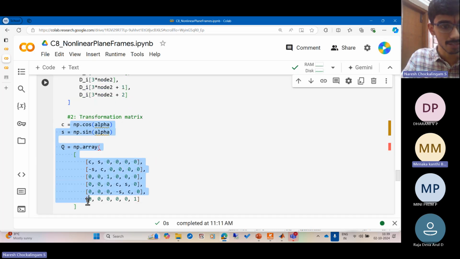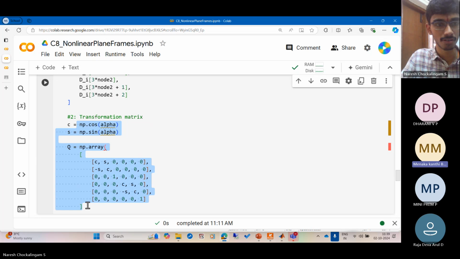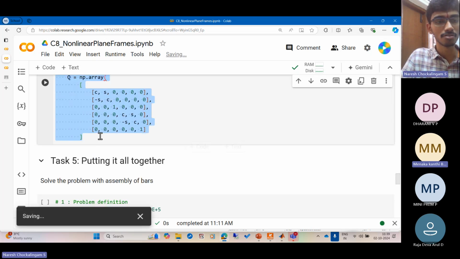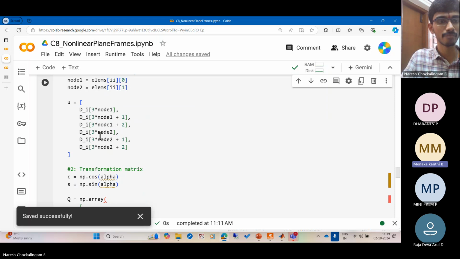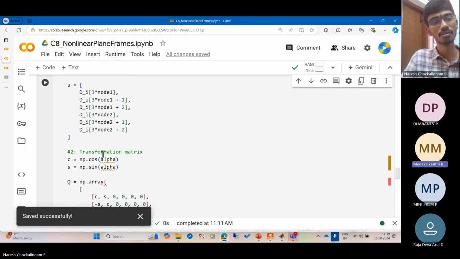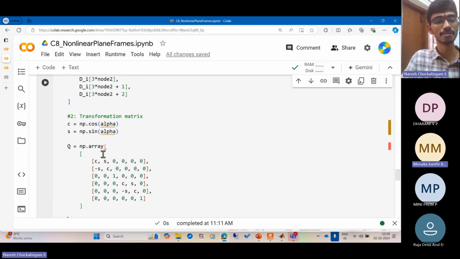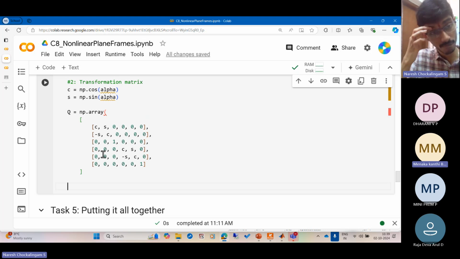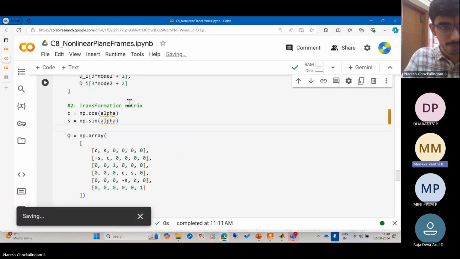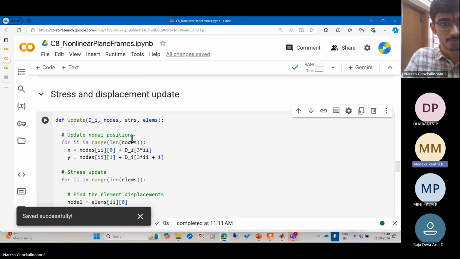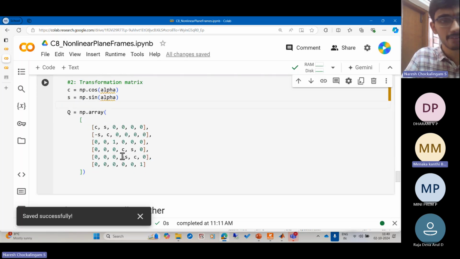This has to come inside. So in the local coordinates, what is u? Okay, so we also need alpha then.